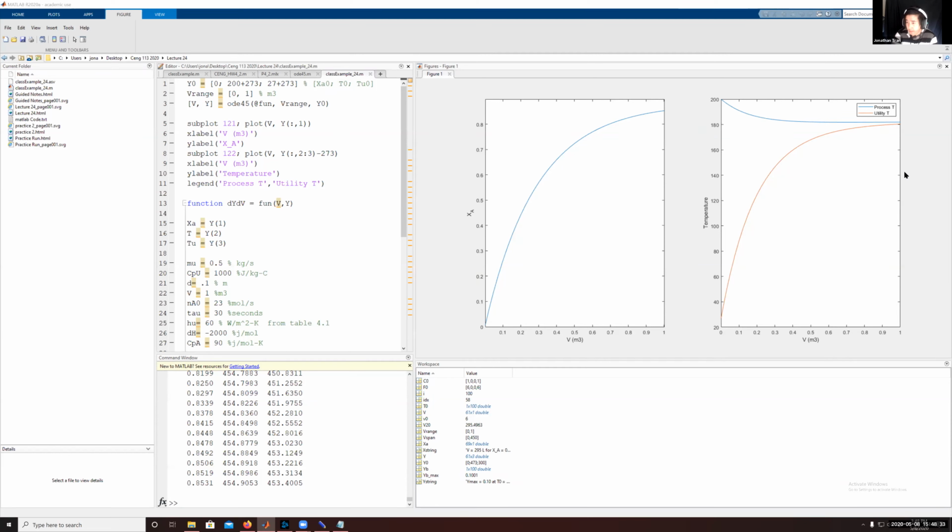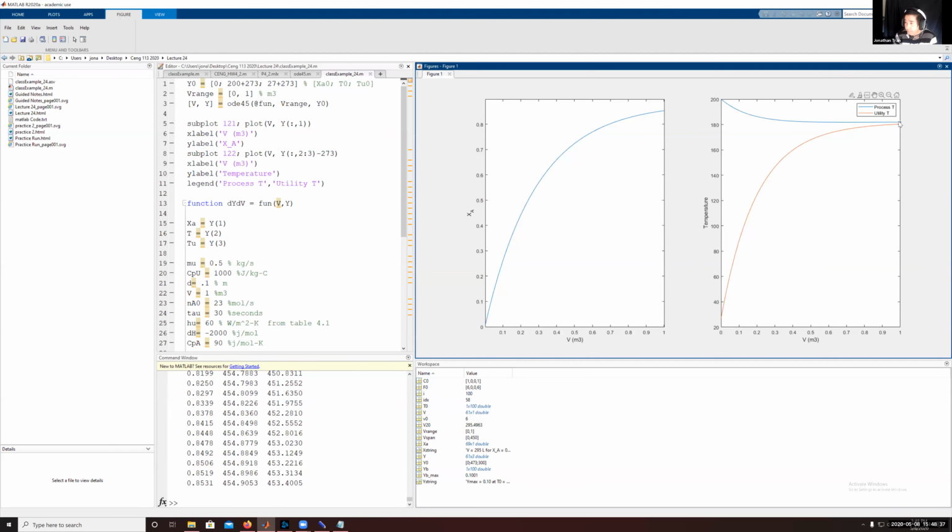This basically says that at the given length of the PFR, it corresponds to a temperature of approximately 182 degrees for the outlet of the process. By contrast, the utility is just under that at about 180.4 degrees C.